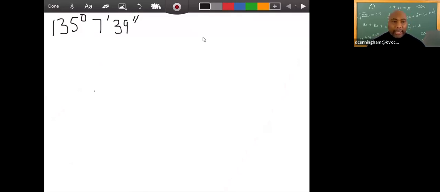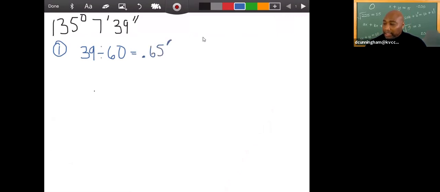We want to express it as a decimal degree. So number one, we're going to start with the 39 divided by 60. Again, our key number is 60. Start with the seconds and divide that by 60. And that will give us a decimal value of 0.65, which is 0.65 minutes. Again, 60 seconds equals 1 minute.